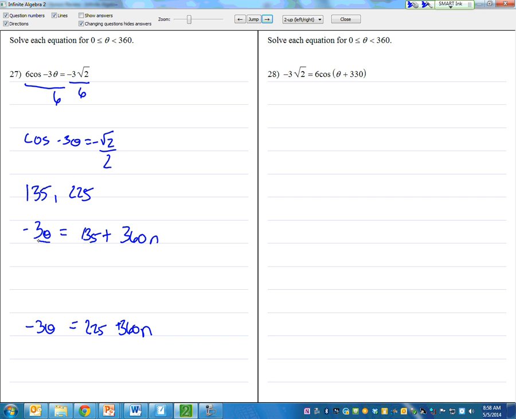First thing I'm going to do is divide both sides by negative 3. When I divide both sides by negative 3, you take 135 divided by 3, and that gives you 45. So I have theta is going to equal negative 45, and then 360 divided by 3 is going to give us 120.